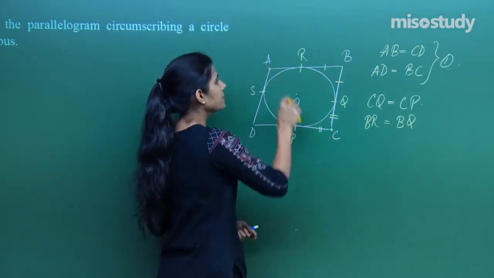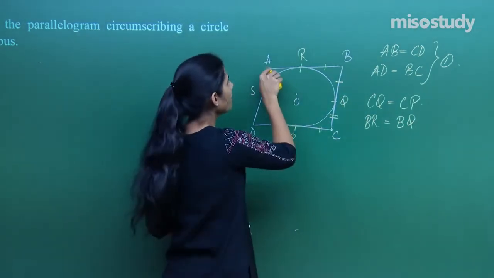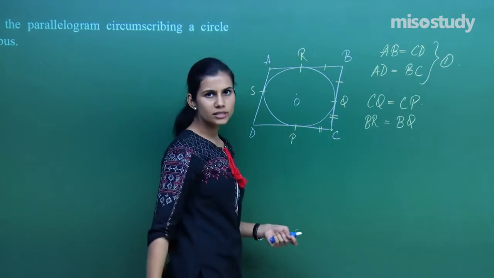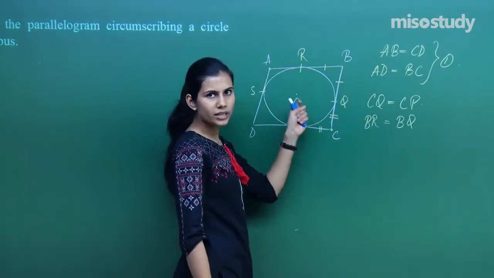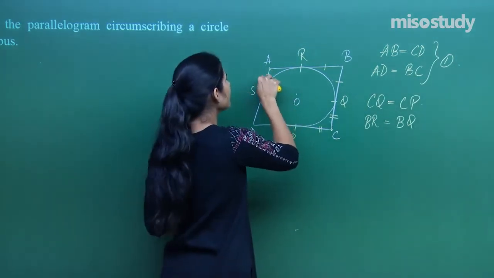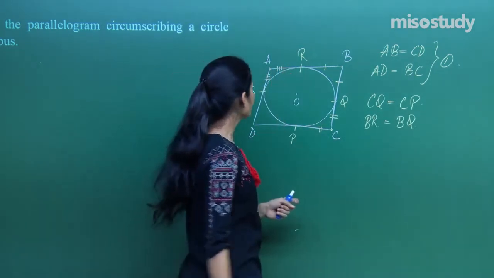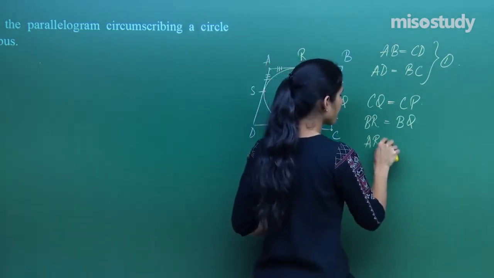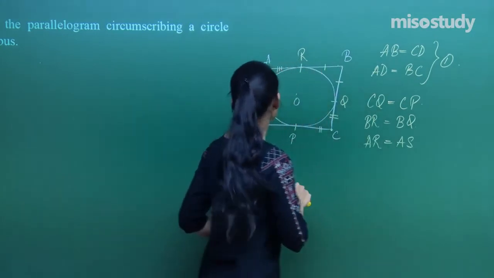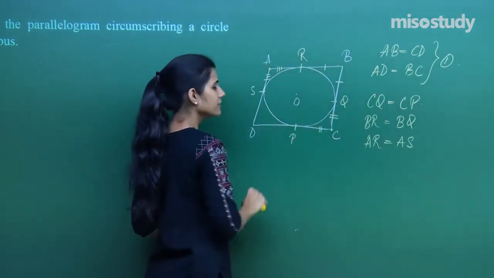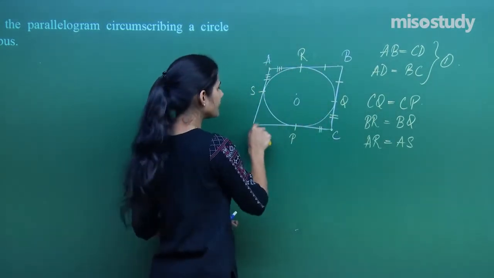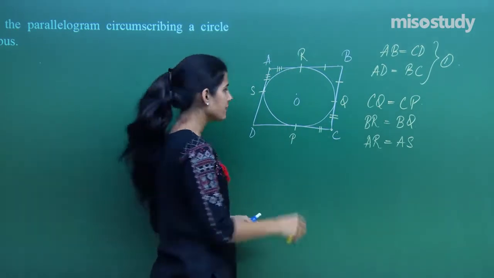Again, from point A, AR and AS are two tangents drawn from this external point A to this circle. So even they will be equal in length. So AR will be same as AS. Similarly, D is an external point. When you draw two tangents, DP and DS, they will be equal in length.